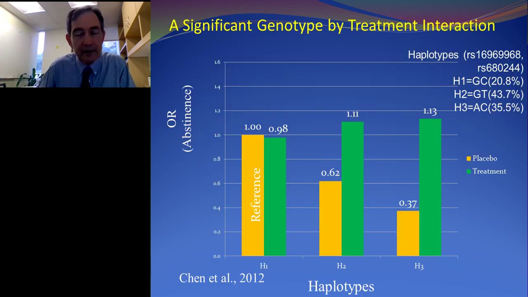So Laura's group, this is work by Li-Shiun Chen, they took data from several existing studies that compare the ability of individuals to quit smoking if they had either placebo treatment or they got a pharmacological intervention.